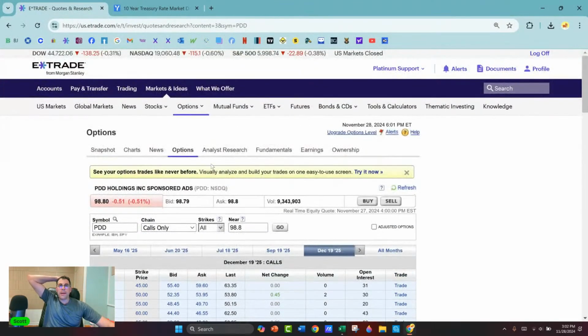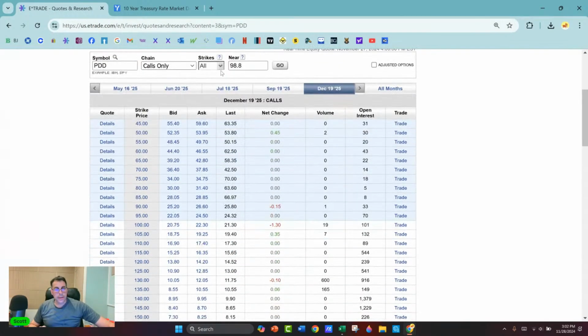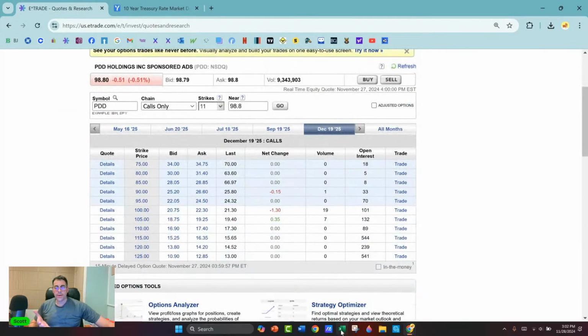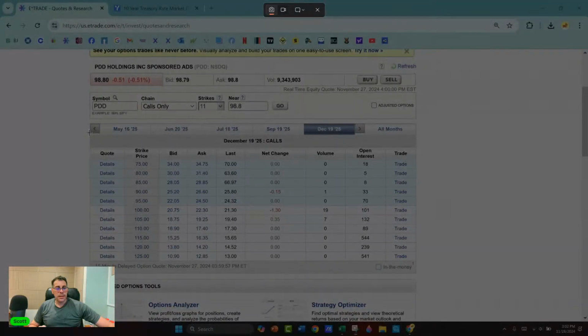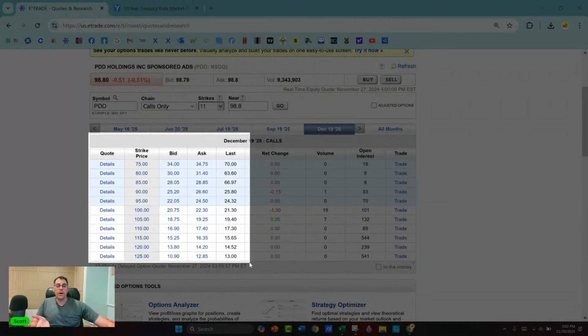Because I picked November 29th options, which is tomorrow. Okay. That's why. Let me do the right one. Because I was like, how can options cost 5 cents? I just picked the wrong date. That's a problem. If the options expire tomorrow, then there's really no time. I mean, the market's closed.